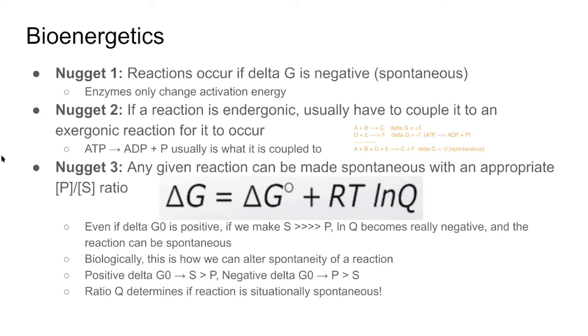Remember that the delta G of a reaction, if it's not in standard state, not in standard conditions, is equal to the delta G in standard conditions plus RT ln Q, where Q is the concentration of the products over the concentration of reactants in a state not in equilibrium.